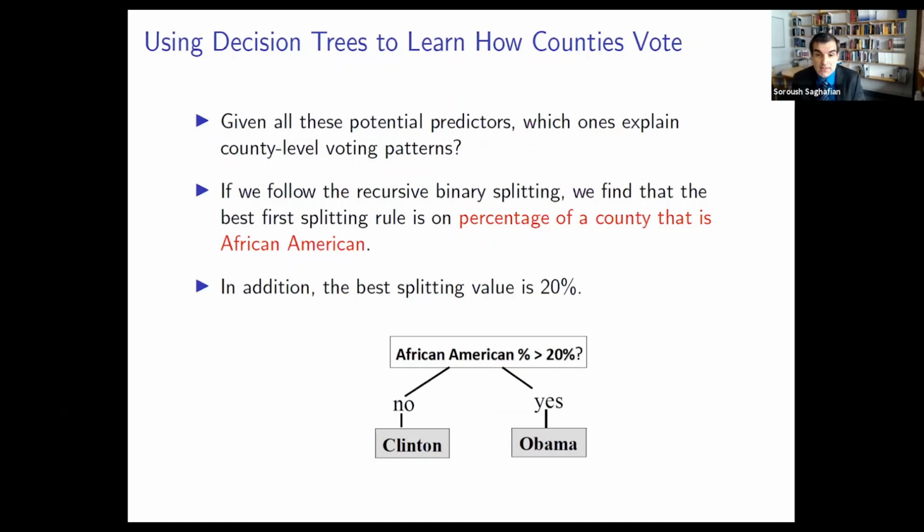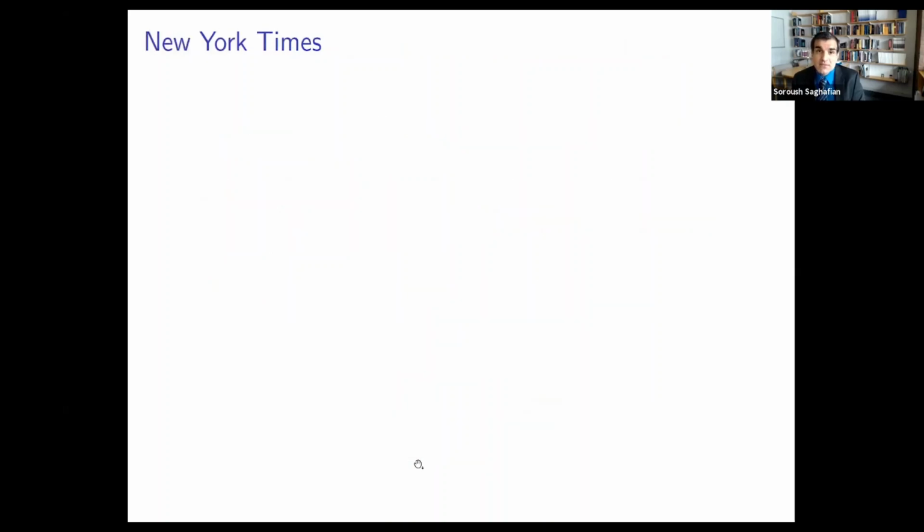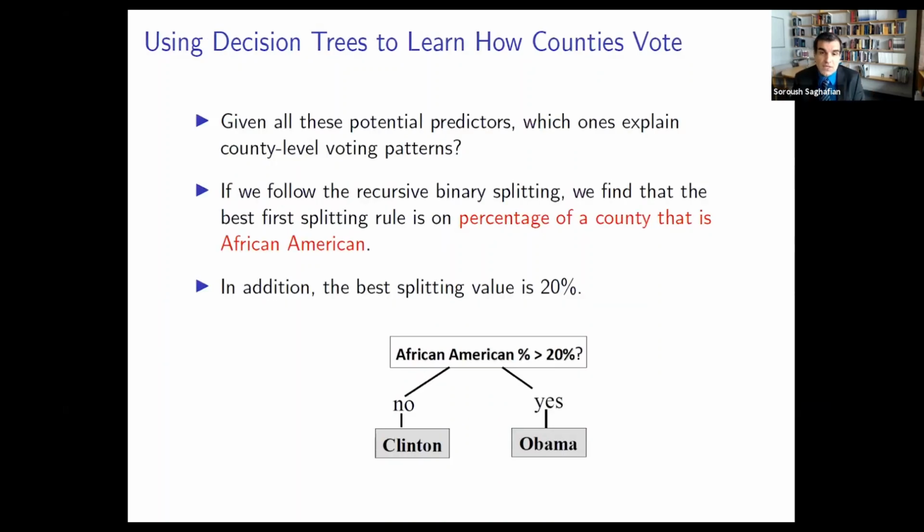So the first thing you need to split over is the percentage of African Americans in that county. If the percentage is higher than 20%, you should predict that Obama will win. Otherwise, Clinton will win.